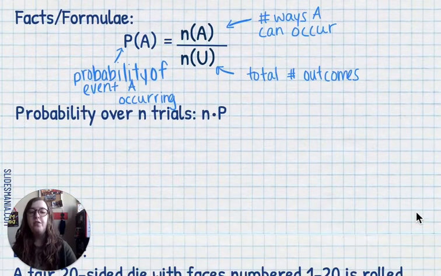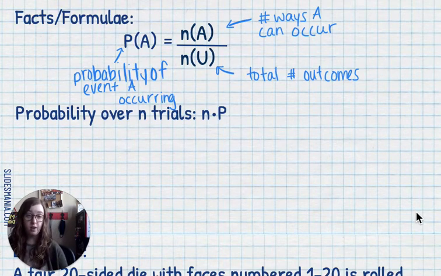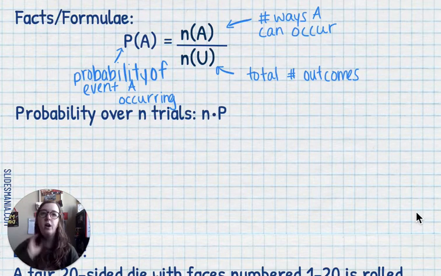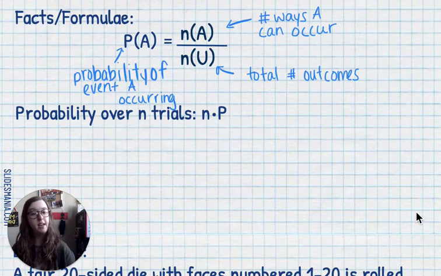Also, if you want to find out how many times something is going to occur over n trials, like how many times will you roll a 6 if you roll a die 100 times? Or how many times will you get heads when you flip a coin 50 times?